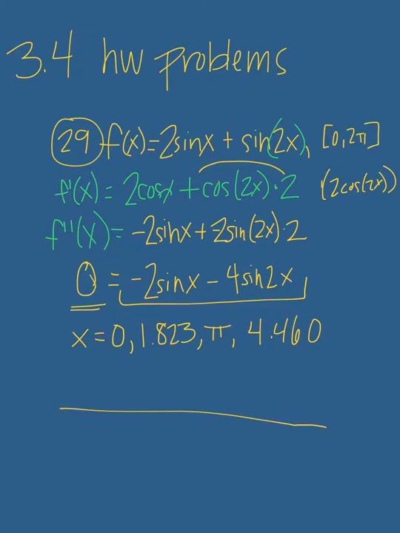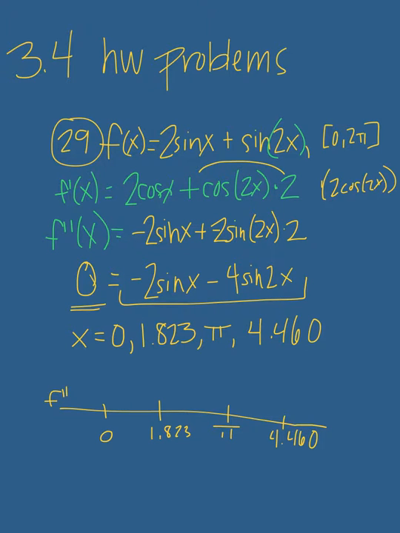So I've got 0, 1.823, pi, and 4.46 as my critical numbers, and I'm plugging into f double prime to see if it is negative or positive.